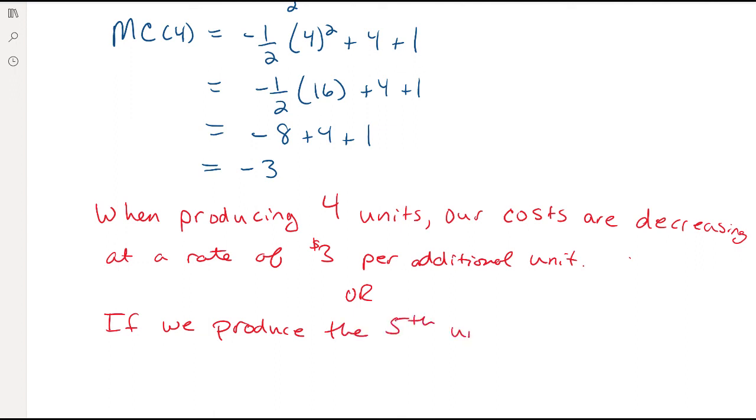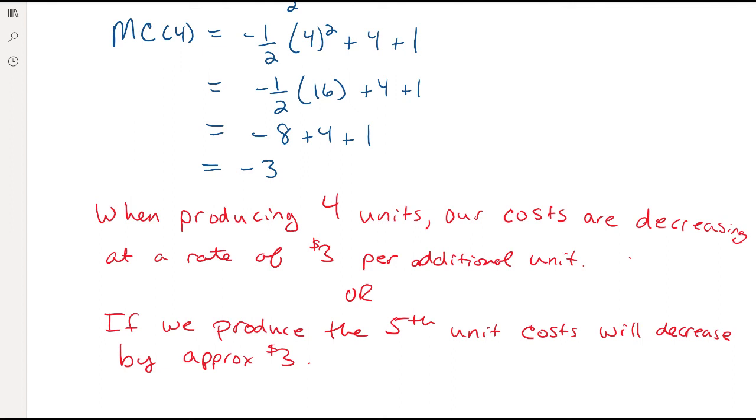If we produce the 5th unit, costs will decrease by approximately $3. Okay? These are the exact same interpretation. I just want you to be comfortable both ways because on your homework, they may ask you to select one interpretation over the other. Okay? So make sure you're cool with both of those.